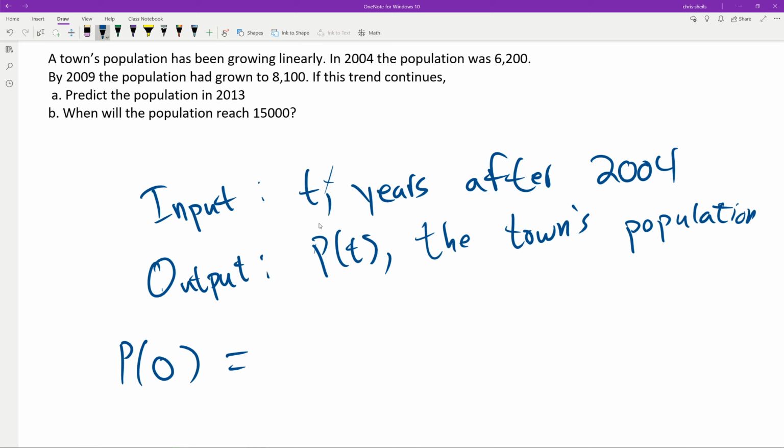So the population in 2004 is 6,200. So P of 0 is 6,200. Then the year 2009 is 5 years after 2004. So we'd be looking at P of 5. And the population 5 years after 2004 is 8,100.